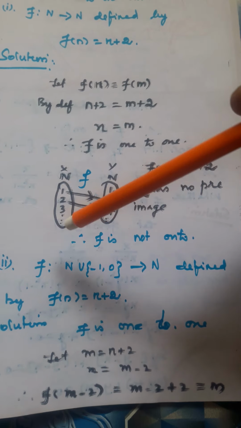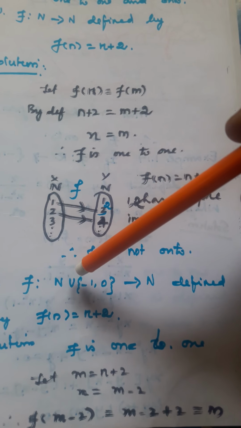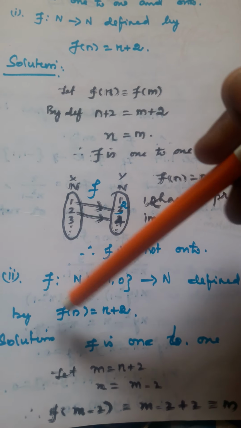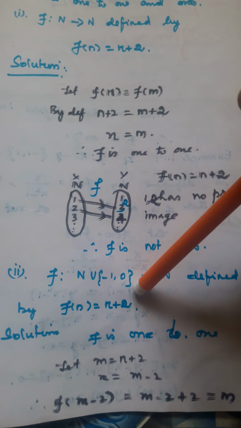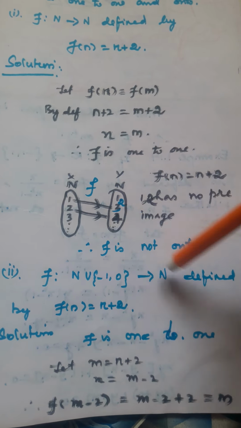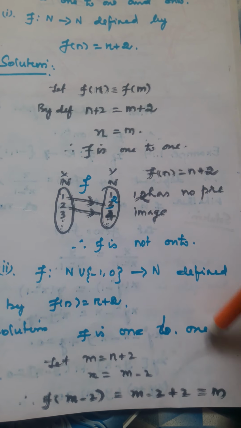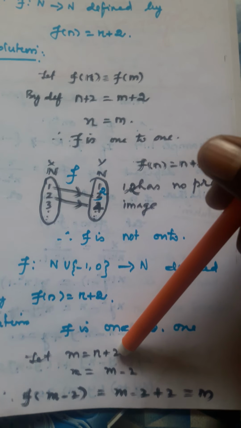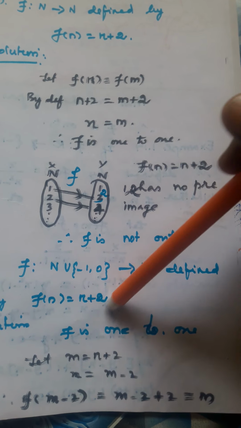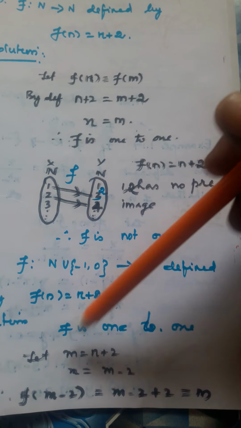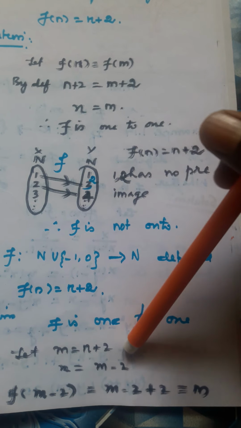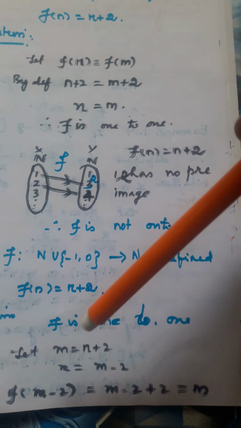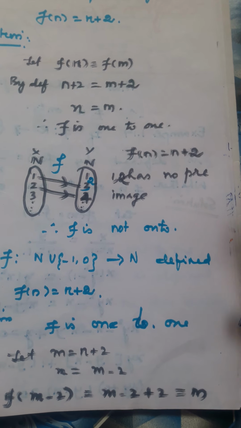The next one, second question: f from N union minus 1 comma 0 to N defined by f of n equal to n plus 2. So like that, the first function f is one-to-one and onto. Let m equal to n plus 2. So what is m equal to n plus 2? The function you take as m and you find the n value: n equal to m minus 2. This is a way to check the onto function.